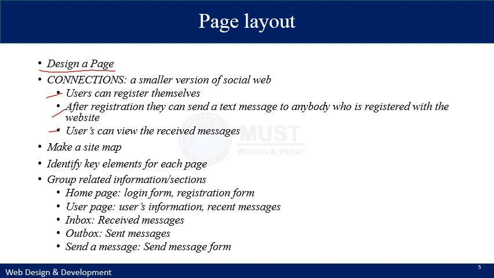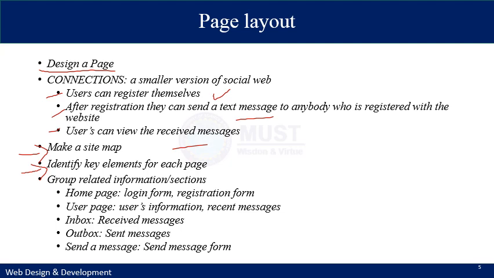First thing you will do is make a site map of what the pages will be and how the pages will be linked together. Then you identify the key elements for each page, for example, for the registration page, the text sending page, and the message viewing page. Similarly, you can group the related information into sections.